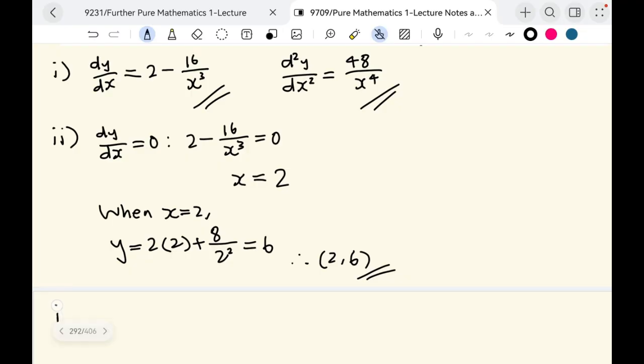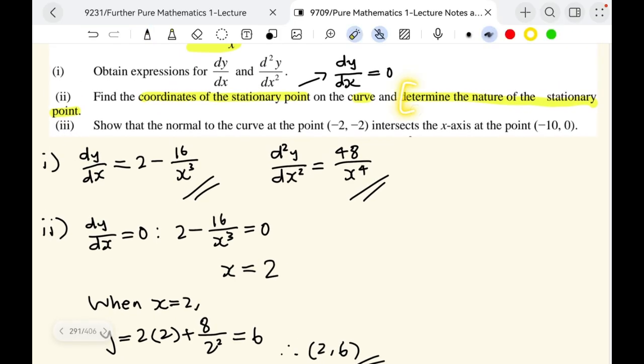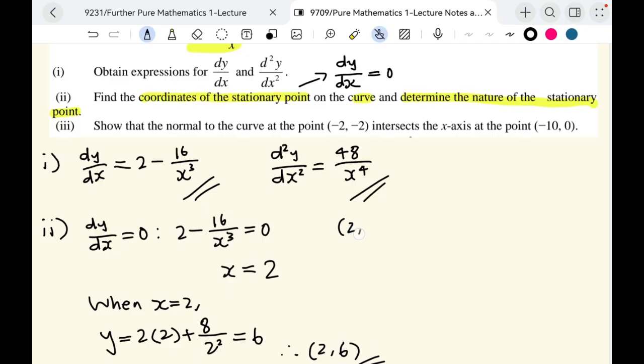So for the third part, oh, I forgot. Sorry, I forgot to discuss this part for you. Okay, what about the nature of the stationary point? Given is (2, 6), which means that you have to substitute the x coordinate into the second derivative that you have done.